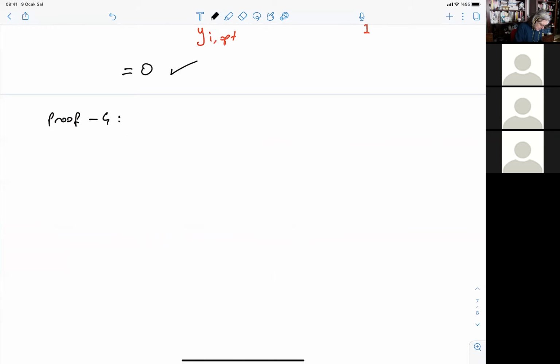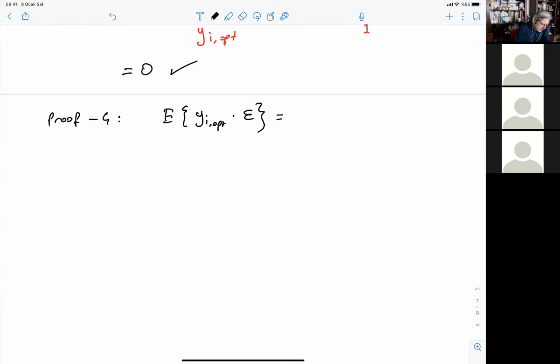Let us prove the fourth one. The claim is that the expected value of yi optimum times the quantization error is equal to 0. But what is it?